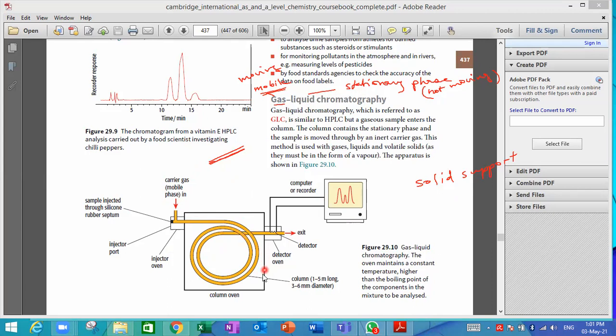After we fill it with the solid support, we put the liquid, which is the stationary phase, and so the liquid will be absorbed on the solid support, and in that way, this means that it is not moving. It will behave as a stationary phase.